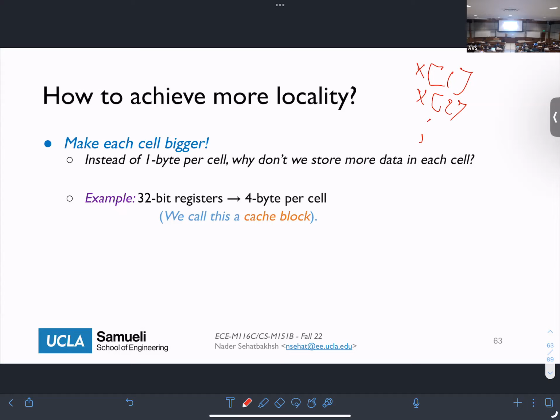So remember I told you that we have 32 bits, 4 bytes, and then we have 1 byte in memory and so on. We can have another way of, even confusing you more, and have what we call a cell or a block, which is essentially a combination of a bunch of bytes together, and that would be one cache line. So whenever we are reading from cache, we're not just bringing 1 byte, we are bringing 64 bytes together, and that would be what we're reading from the cache.